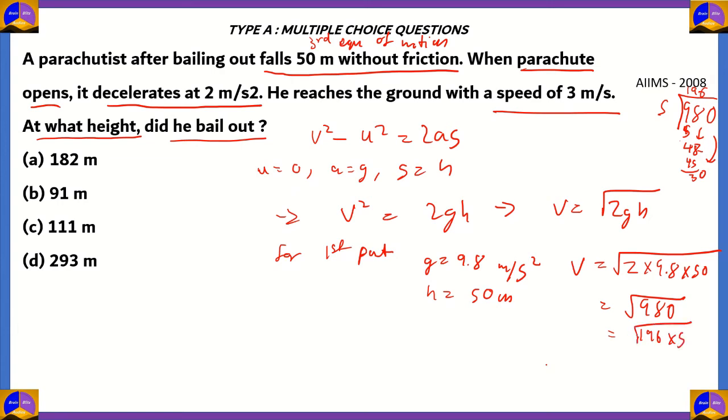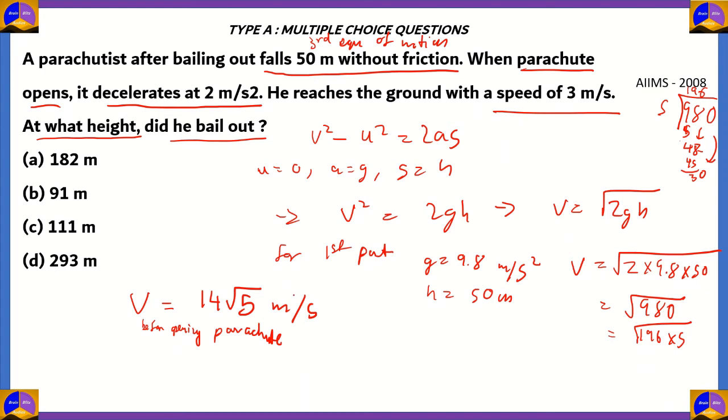So therefore, the velocity before opening the parachute is equal to 14 root 5 meters per second, because under root of 196 is 14, because 14 squared is 196. So the velocity that he reaches before opening the parachute is equal to 14 root 5 meters per second.